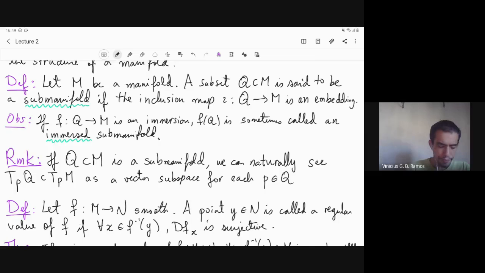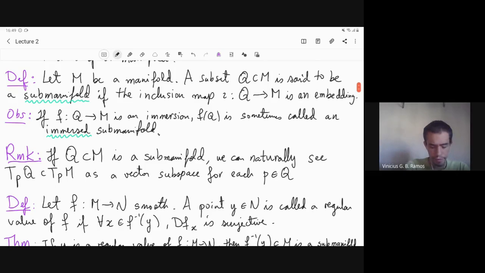Okay. And another remark is that if you have a submanifold Q of M, then we can naturally see the tangent space of Q as a vector subspace of the tangent space to M at any point of Q. From the derivations point of view, this is actually a calculation.